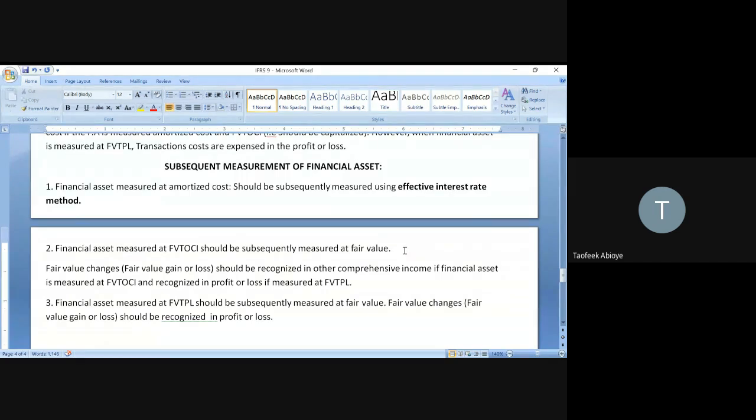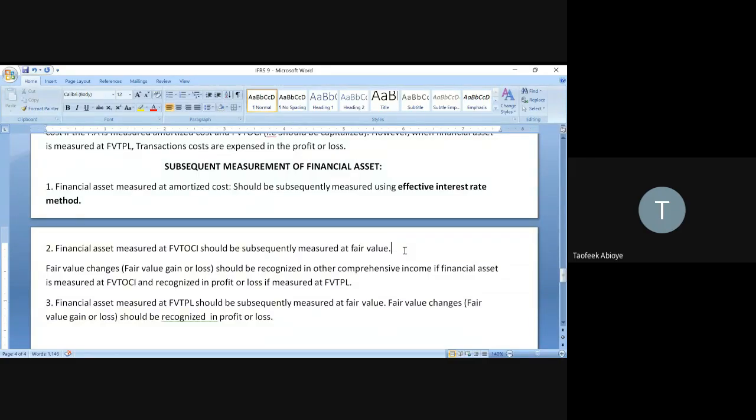I bought the financial asset today for 10 million naira. Next month, those shares are going to increase or reduce. If it increases, it might increase to 12 million naira. How much did I buy it? 10 million naira. Then as at next month, it has turned to 12 million naira.